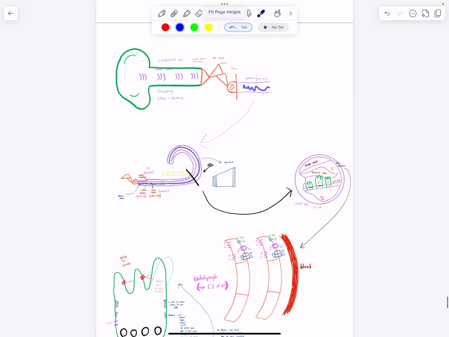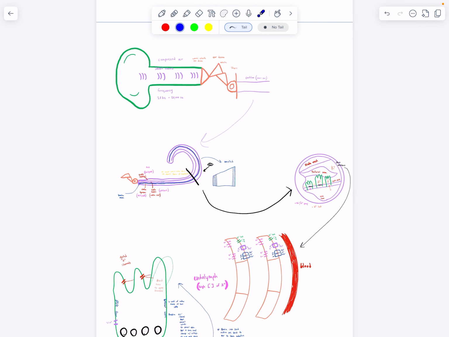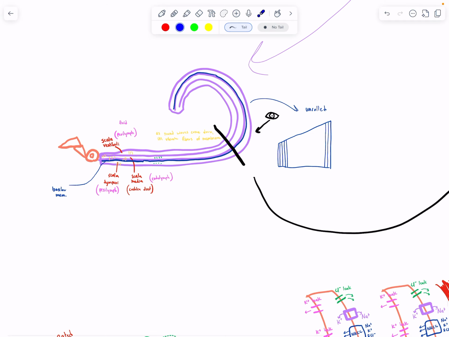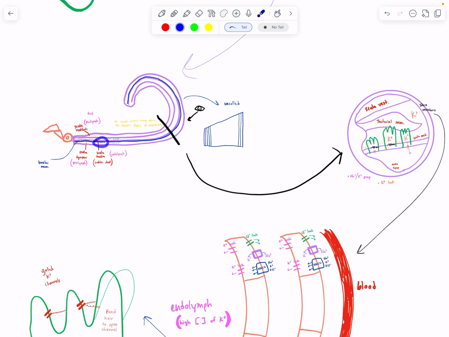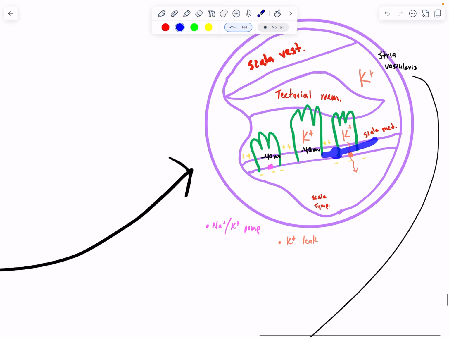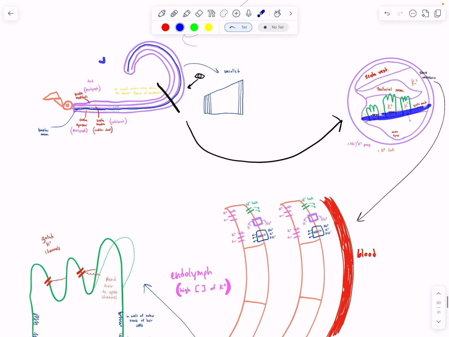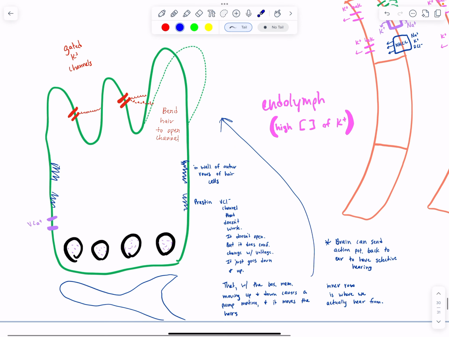And that fluid moving will send these little waves all in the cochlea, which vibrates this basilar membrane. In that membrane are embedded a bunch of hair cells that bend with that movement of the basilar membrane, causing potassium to come in, bind to these, and release a neurotransmitter.